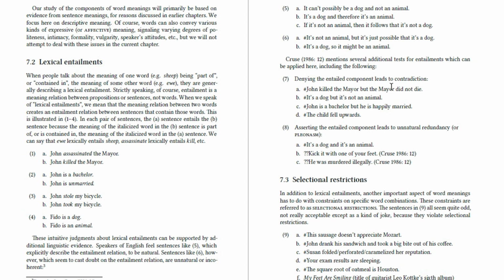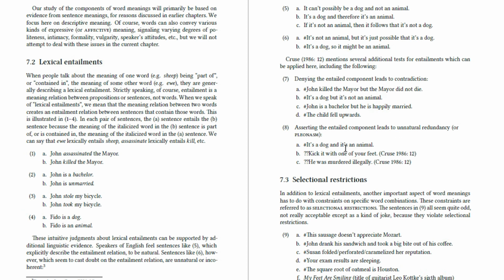B, it's a dog, but it's not an animal. So that's really confusing and perplexing for those who listen. C, John is a bachelor, but he is happily married. The child fell upwards. All these sentences are really contradictory. Entailment means there is something wrong. I couldn't get it, but we can tell it's contradict entailment.